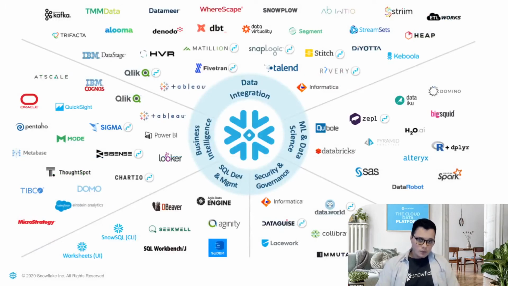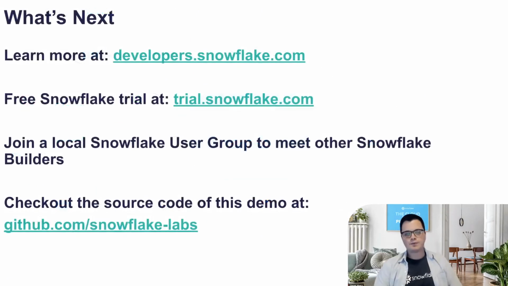So, we even have a broader look here from data integration, ML data science, security governance, all of these different types of ecosystem partners that you can leverage when working with your data application on top of Snowflake. So really powerful and ever-growing ecosystem of partners and applications.